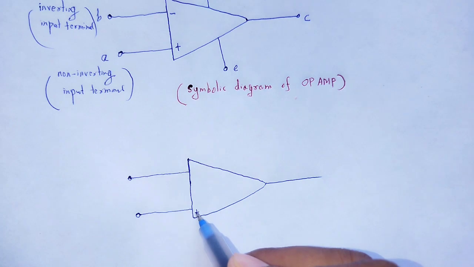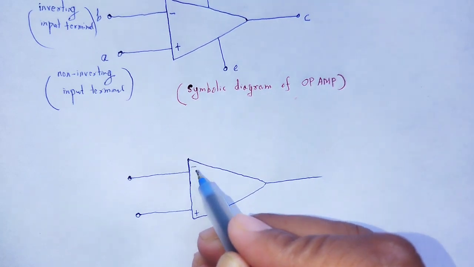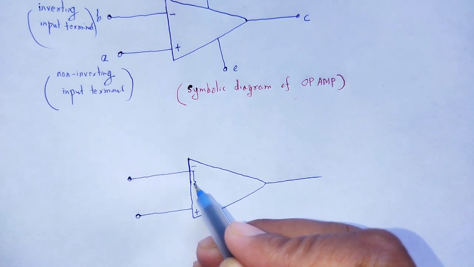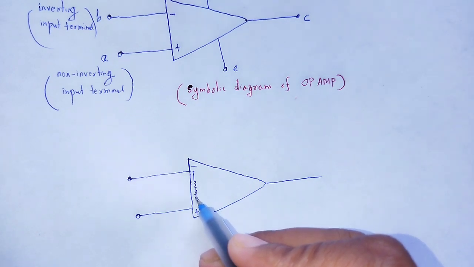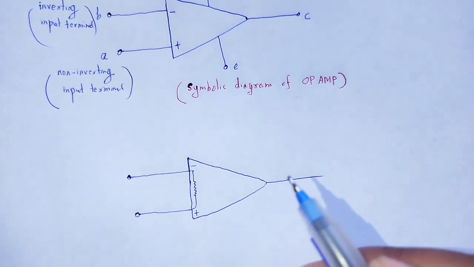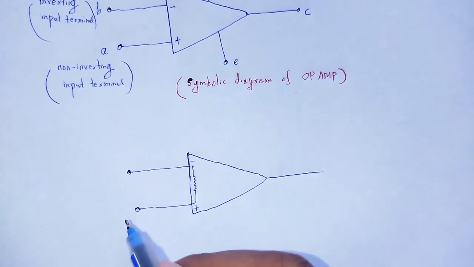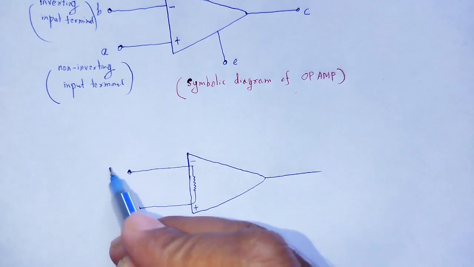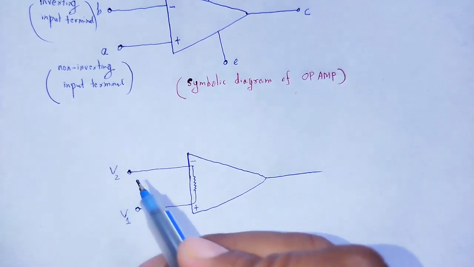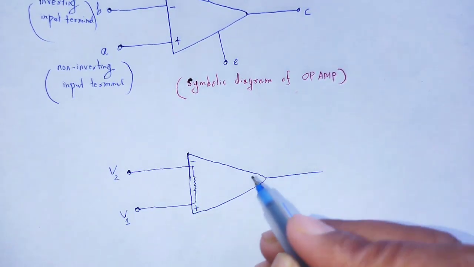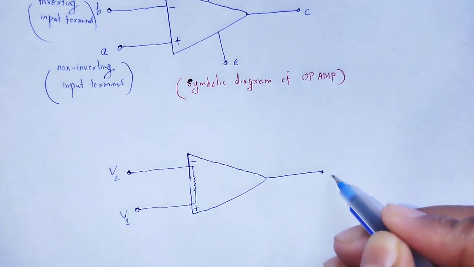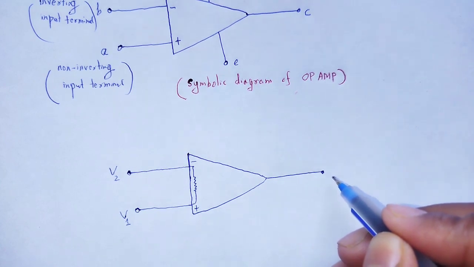The positive, negative, potential V1, V2, output VO.